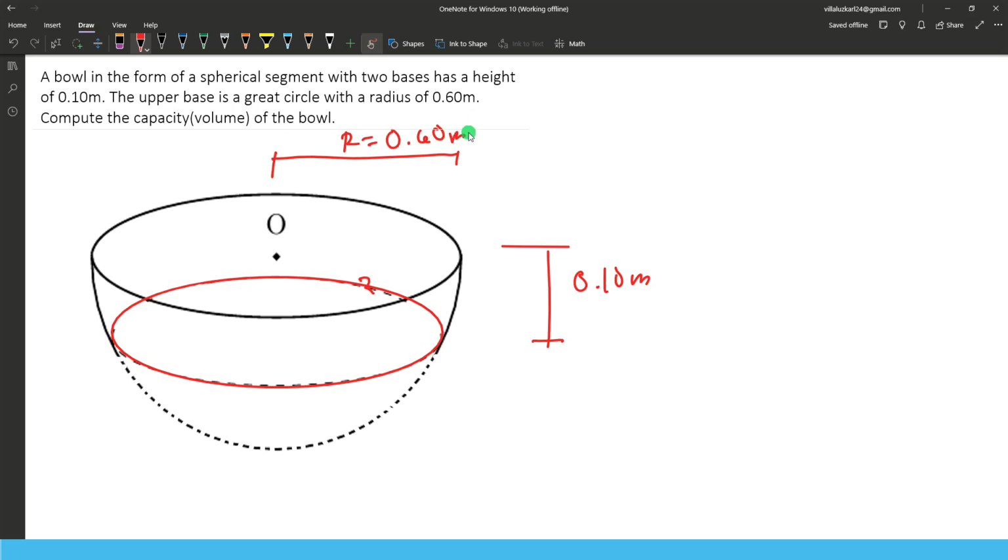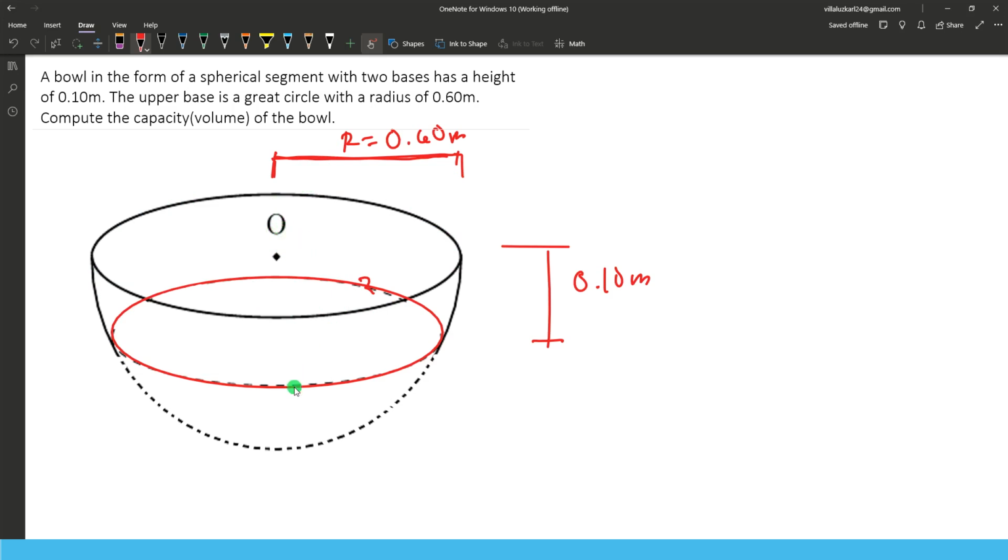That is the volume of the ball. So the upper base is a great circle. It means this is almost equivalent to a hemisphere, because the radius of that upper base is just equivalent to the radius of the sphere.